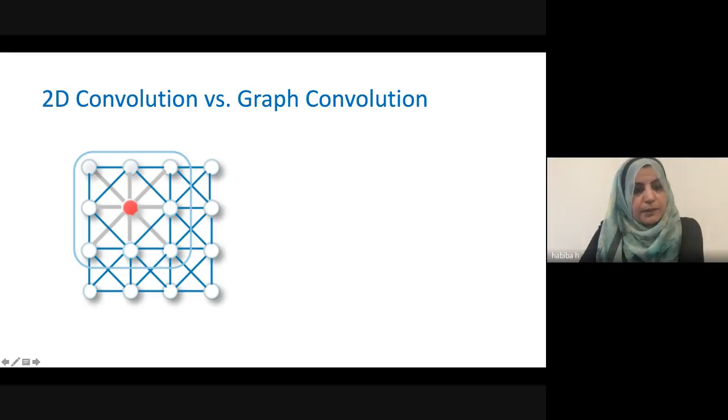Again, we can think about these pixels as these blobs in this picture, and let's suppose we want to predict what the red blob is about. Based on the idea of convolution, we look at a certain neighborhood of pixels surrounding that red blob.